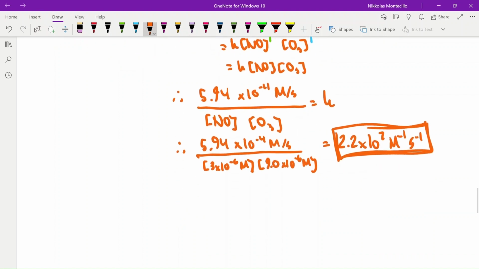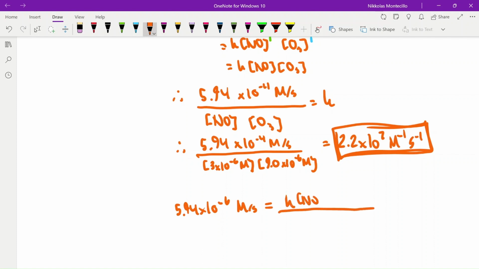So essentially what I did here is 5.94 times 10 to the negative 6 molar concentration per second, and I divide both sides by the initial concentrations of NO and O3.